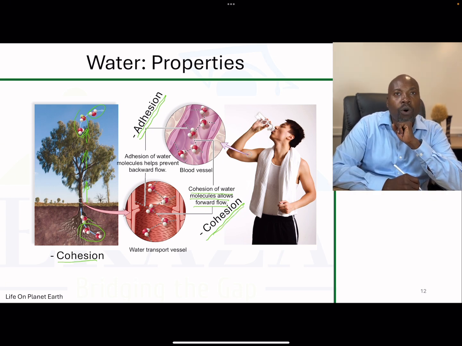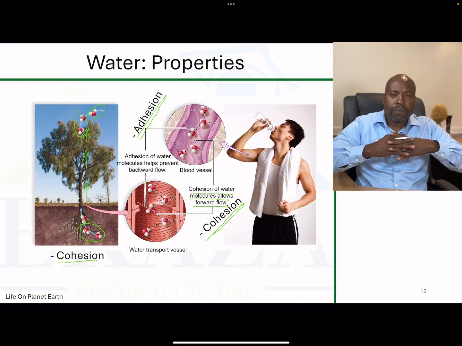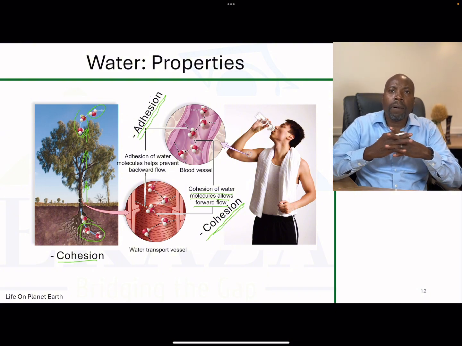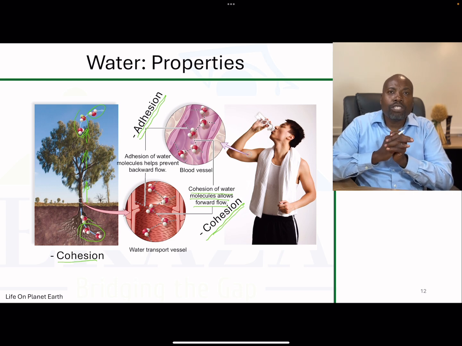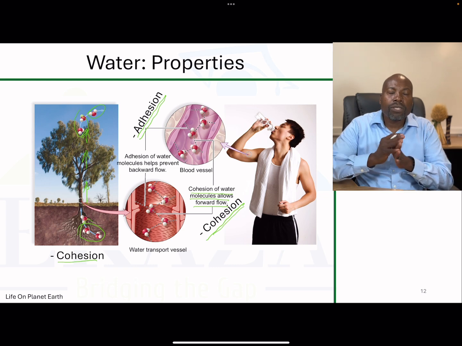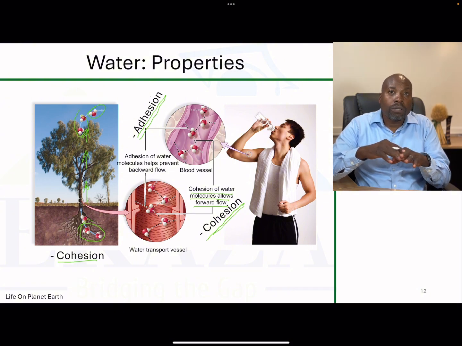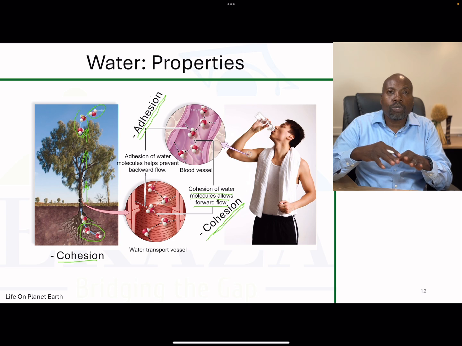The next aspect of water that I'm going to address is the fact that because water molecules stick so much together, some organisms can literally walk on water. Okay, because some organisms have something underneath their feet or on their body that is water repellent, right? They are not going to sink in the water, right?